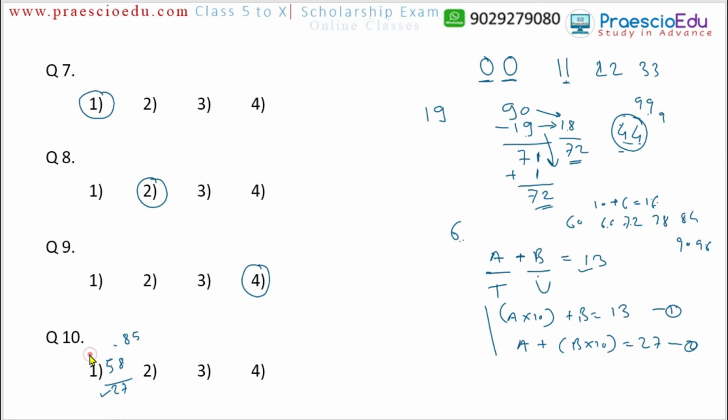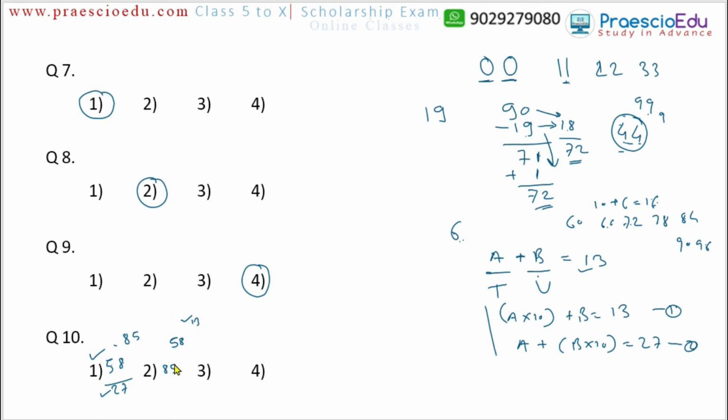Now this option may be correct, but we have to check the other options also. For 85, the digit sum is 13, which fulfills the addition criterion.